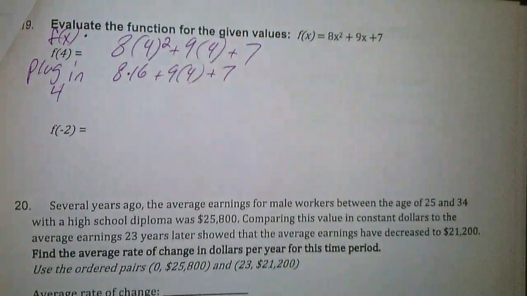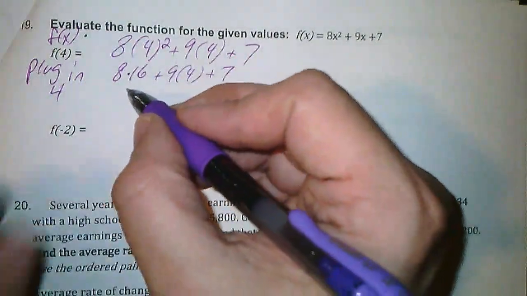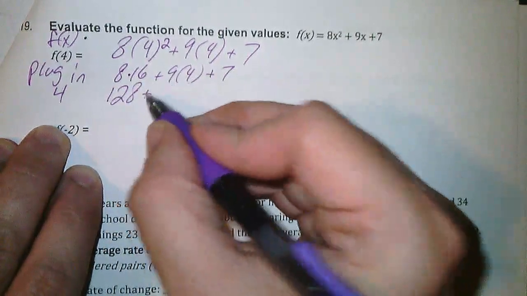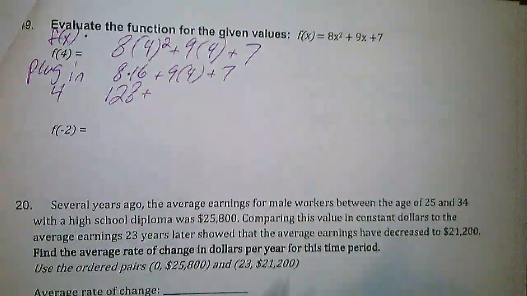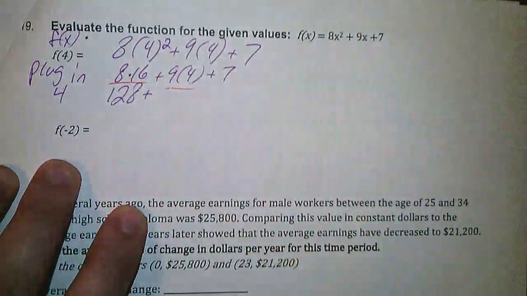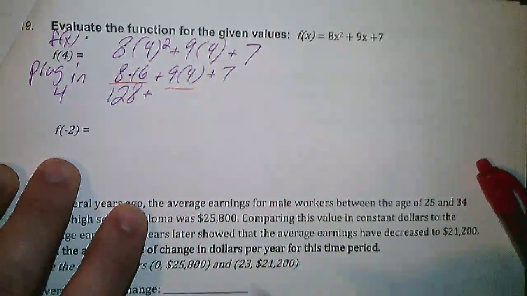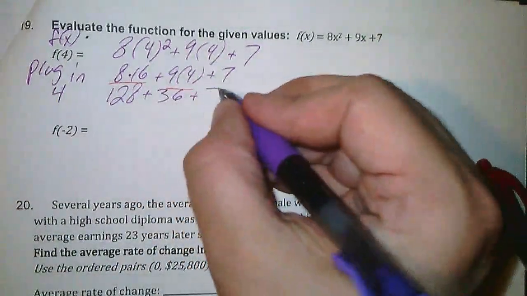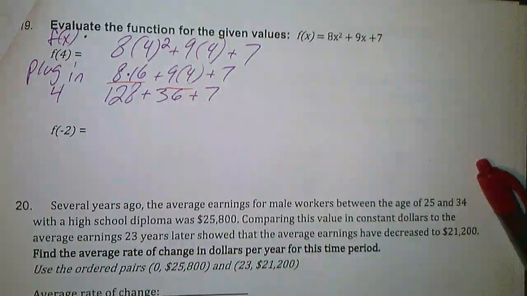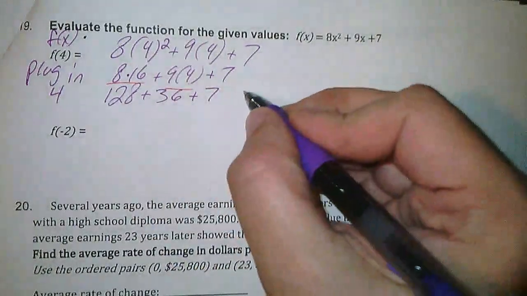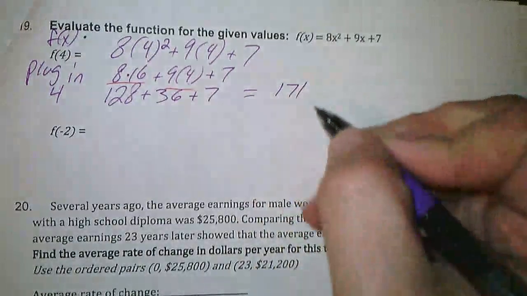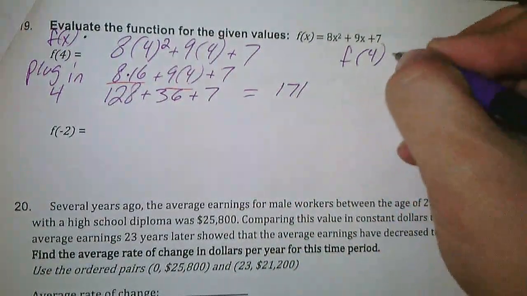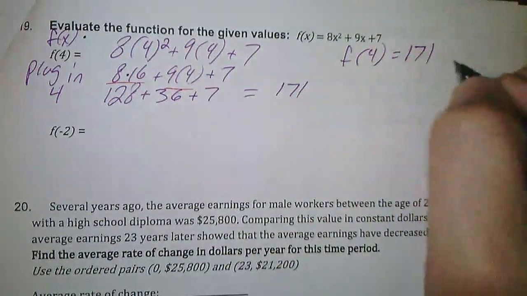And now we can do our multiplying. 8 times 16 is 128 plus, again, order of operations, we have to multiply before we can do our adding. 9 times 4 is 36. And then carry down the plus 7. And this adds up to 171. So f of 4 is 171.